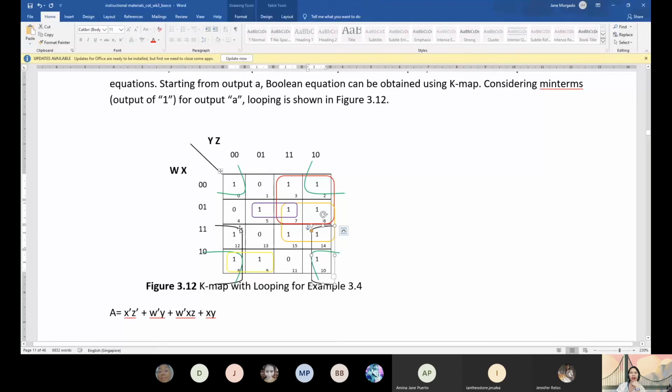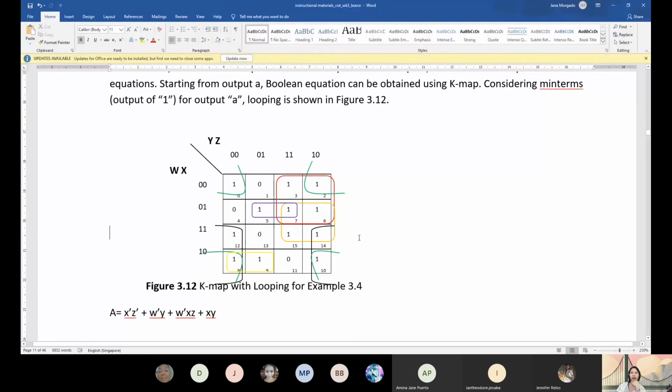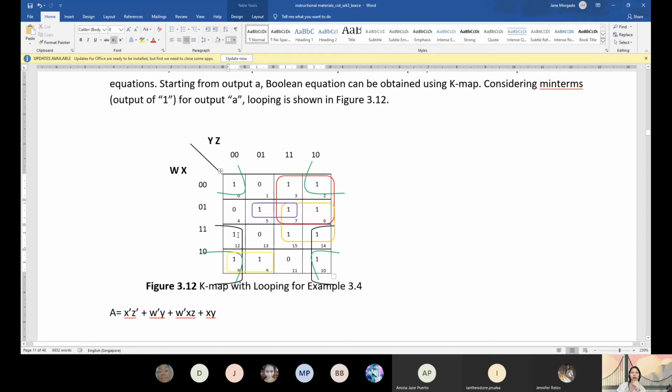So let's have the black. The black loop groups the 14, 10, and 12, 8. We have the black loop because of minterm 12.